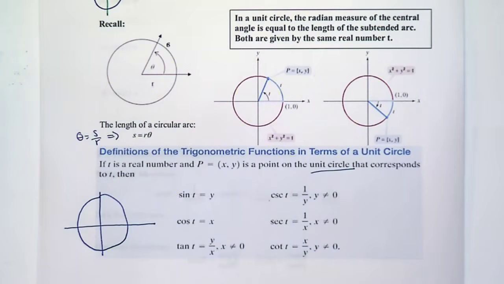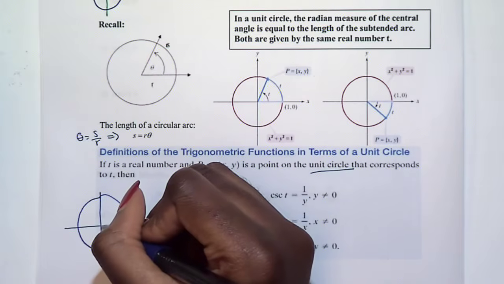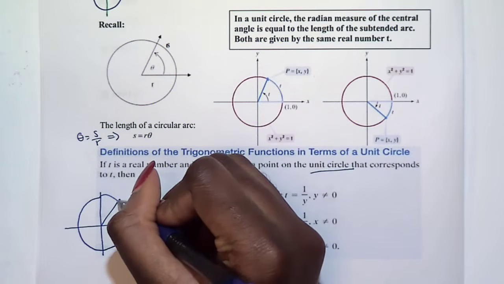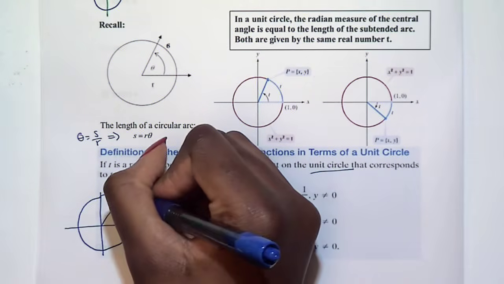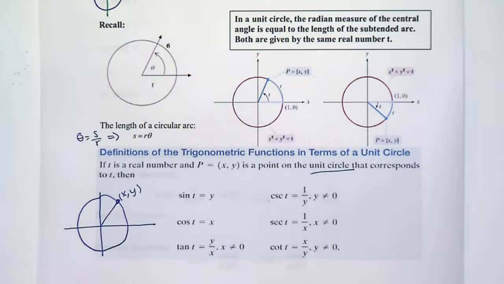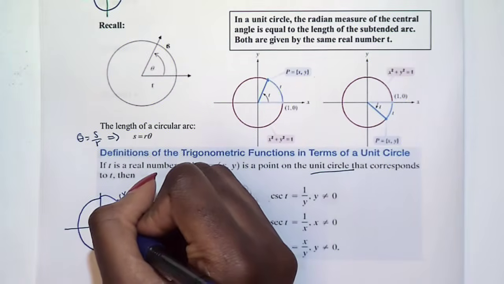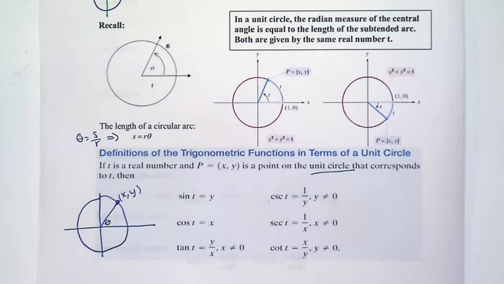I'll pretend like that's a good circle. Then I'm just going to draw an angle that leads out to some point x comma y. Here's my angle in here.